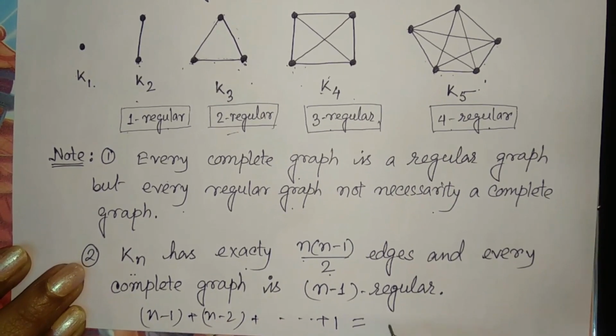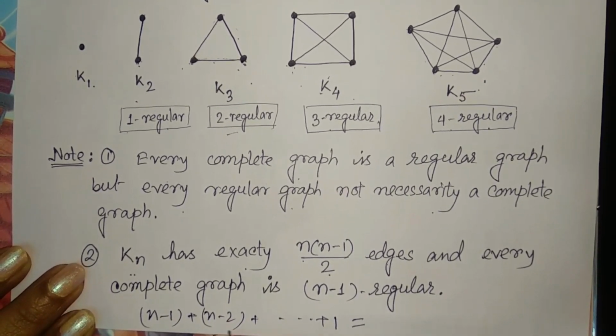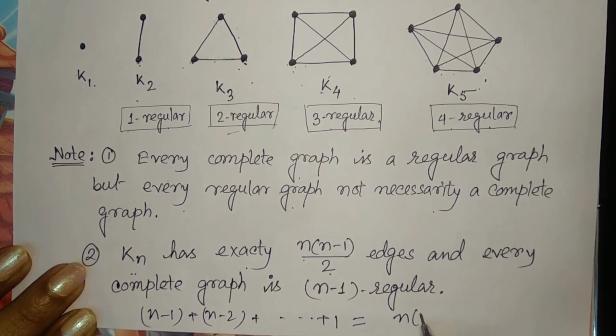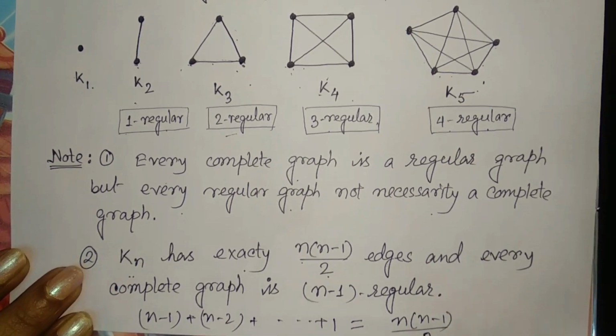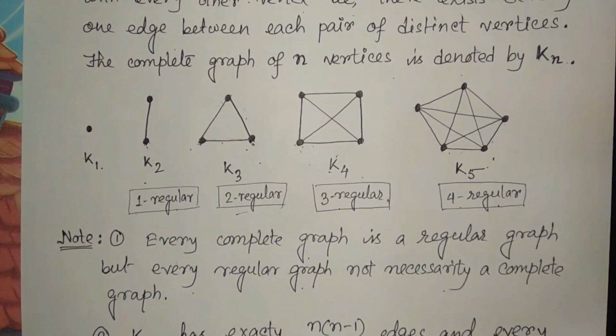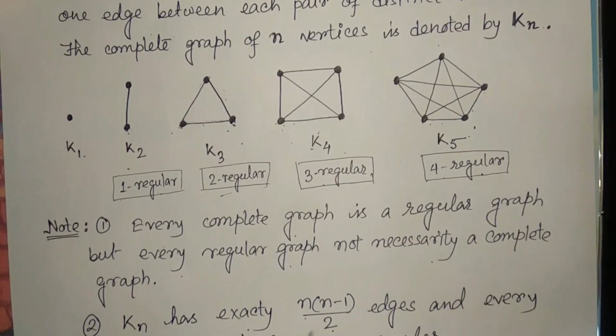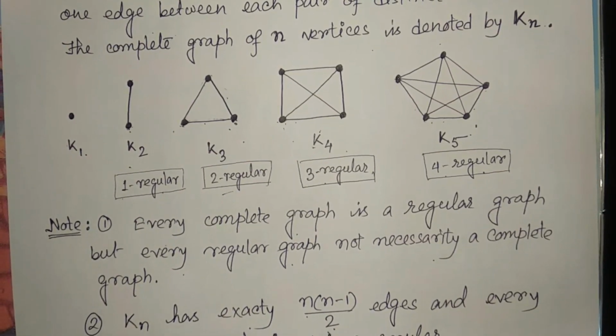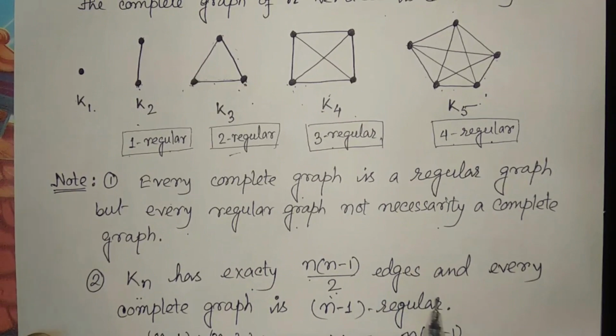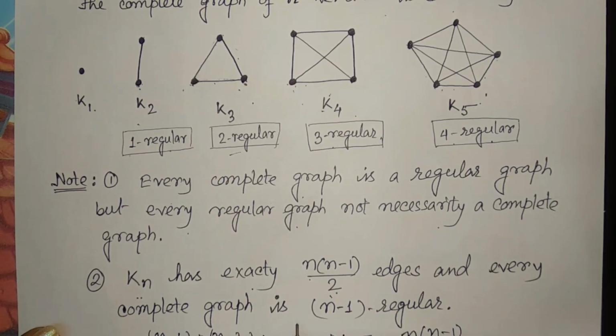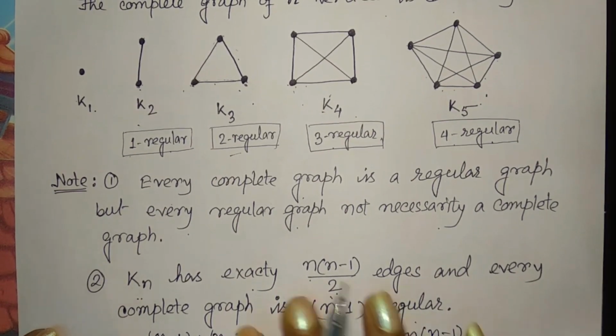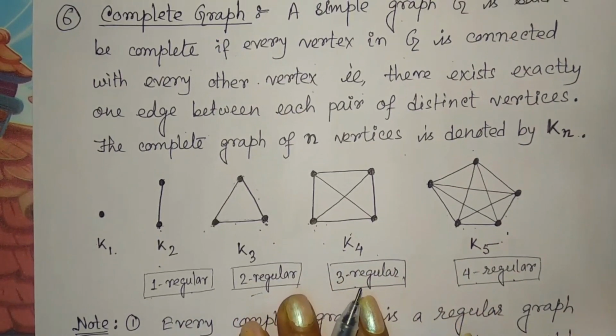The formula for this sum is n(n-1)/2. So the complete graph has exactly n(n-1)/2 edges. And every complete graph is (n-1)-regular, which is very obvious, as we have already done.